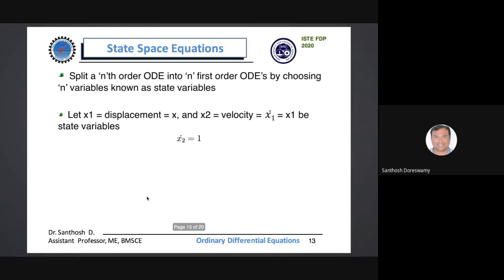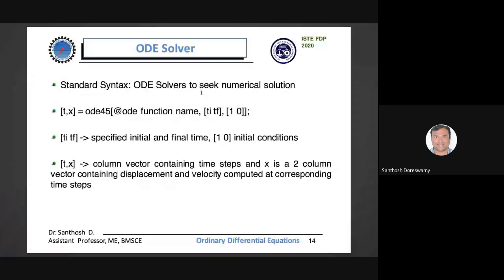If you look at the standard syntax of this ODE solver, you will see that the solver gives an output of two vectors: t and x, where t is a vector of time and x is a vector of your velocity and displacement, because you gave two first order differential equations to the ODE45 solver using a function.